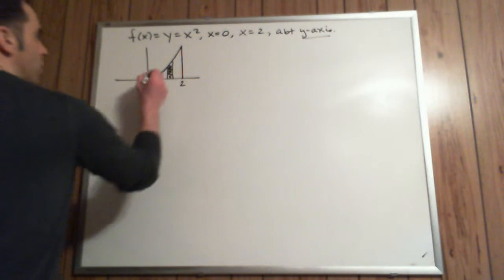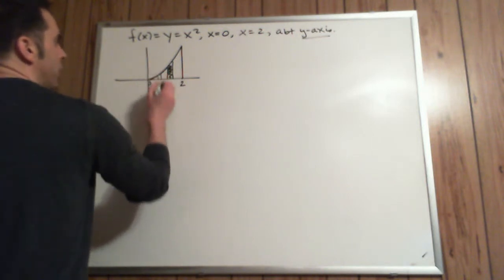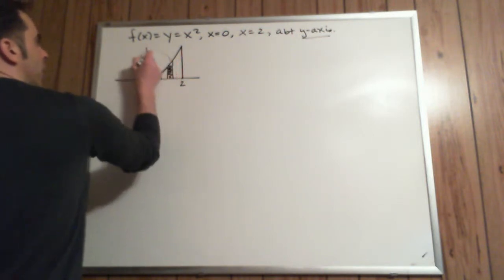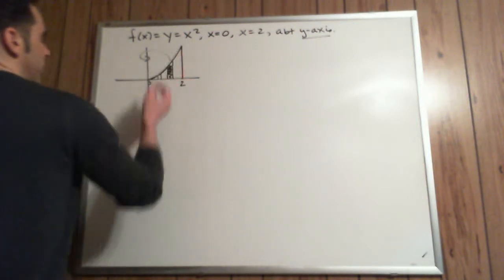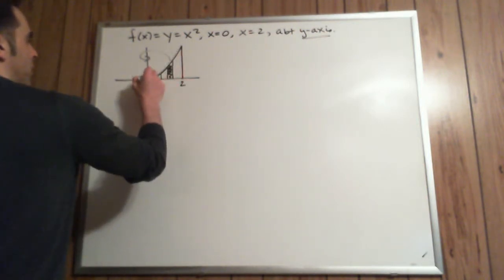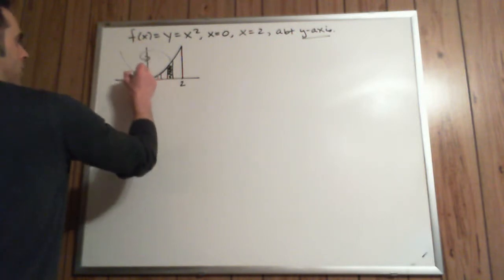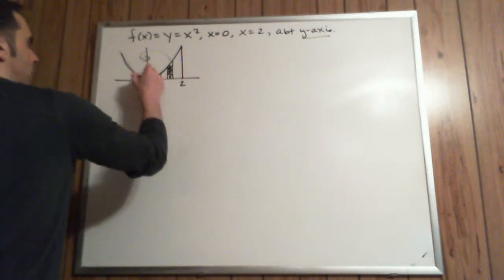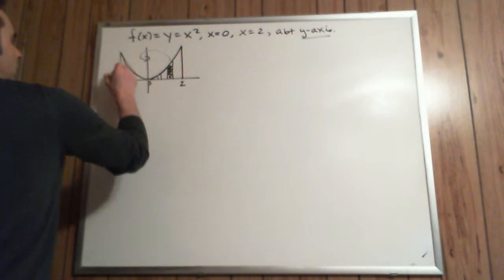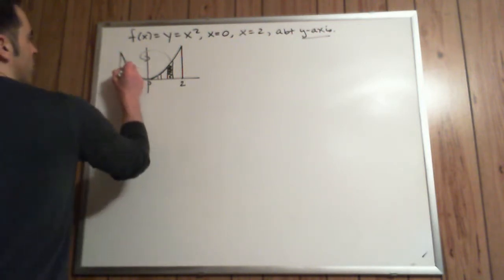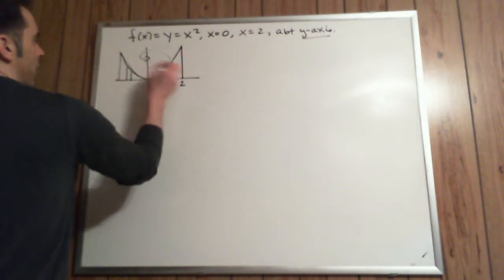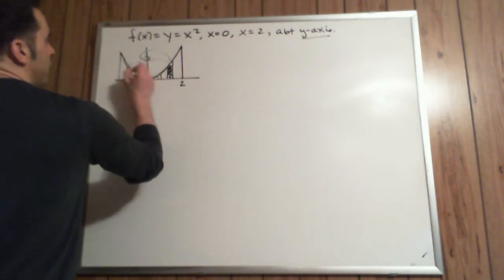Just picture taking one rectangle in this region and revolving it about the y-axis. To give a better sketch of what's going on, we reflect it about the y-axis, because that's what's being revolved about. Over here would be -2, and here's another rectangle about where this one is at.